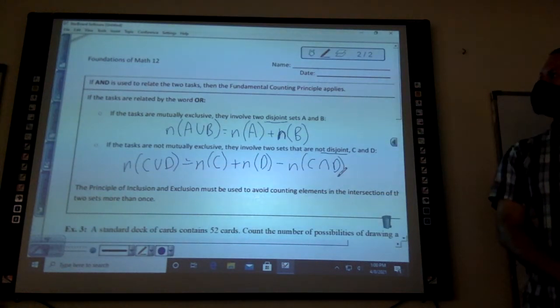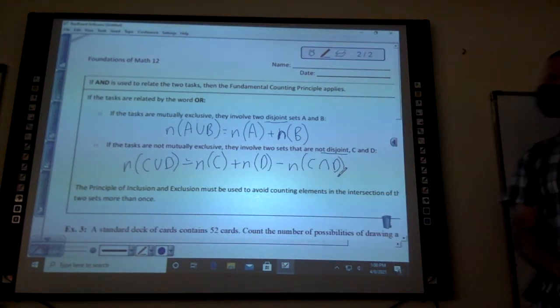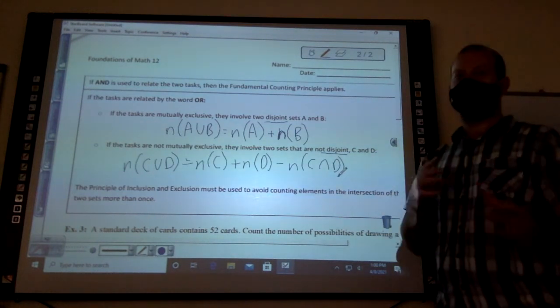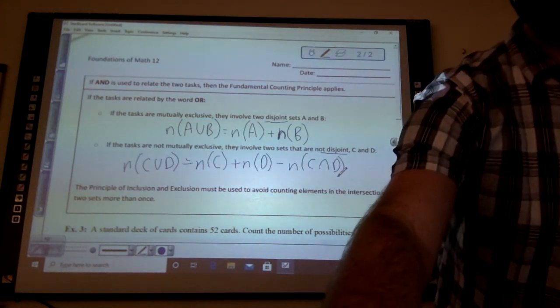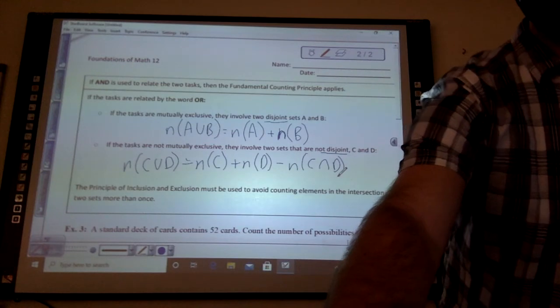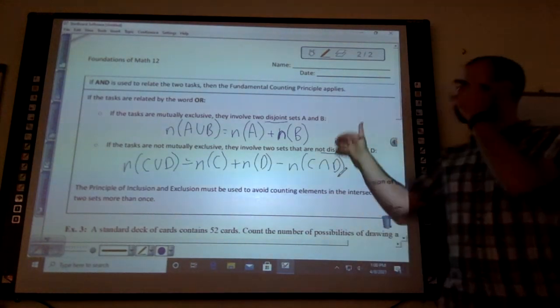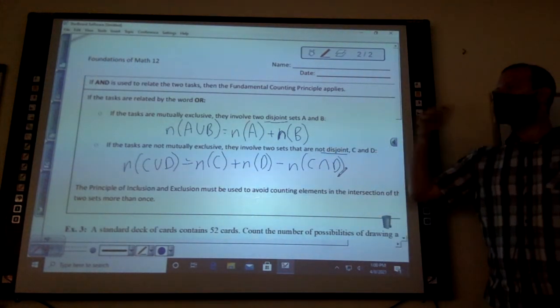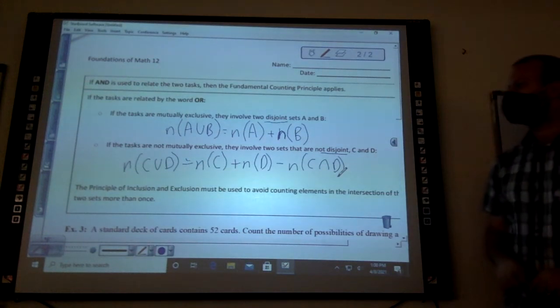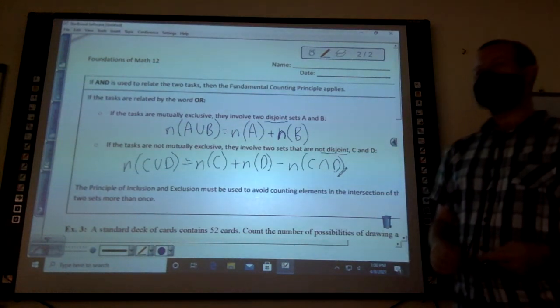And we are going to use this when we're talking about finding the total number of outcomes. So these I will give you on the formula sheet. You don't have to memorize them, but you will get something like this.